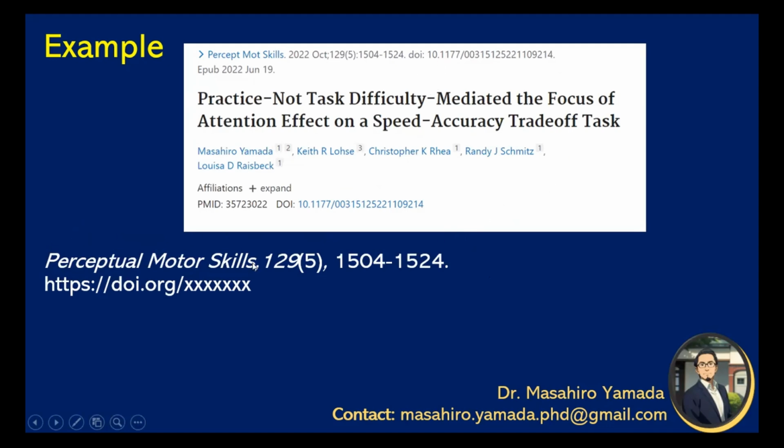The same rule: after the name of the journal, italicize, comma, volume number italicized, then unitalicize and put the issue number in parentheses, comma, then the page number, period. After the period, you start with https://doi.org/ and replace this long list of numbers with the specific ID.